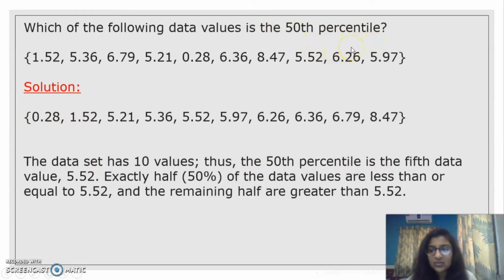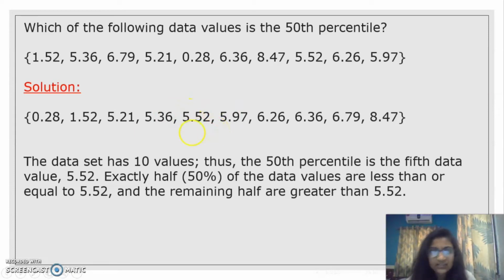See, using the formula is the second thing, but we should be perfect in observation skills, and this is not a large amount of data. So we can come to a conclusion that if you have 10 numbers of data, the 5th element will be your 50th percentile.